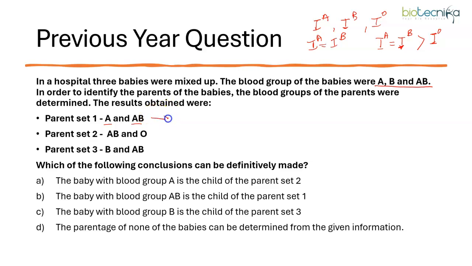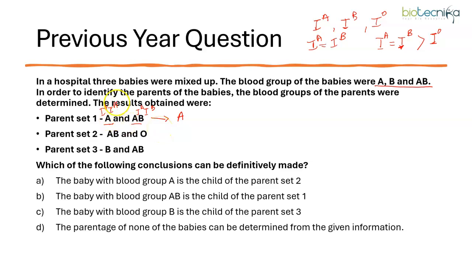So for parent set 1, what do we get? The offspring can be of A blood group. How A? Because this individual has the genotype IAIB. This individual has two possibilities. If the genotype is IAIA, then IAIA comes up and becomes A blood group.